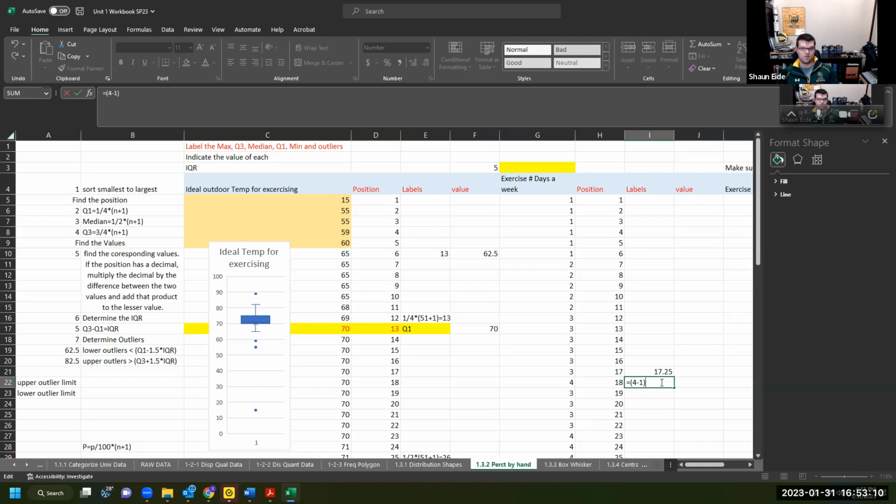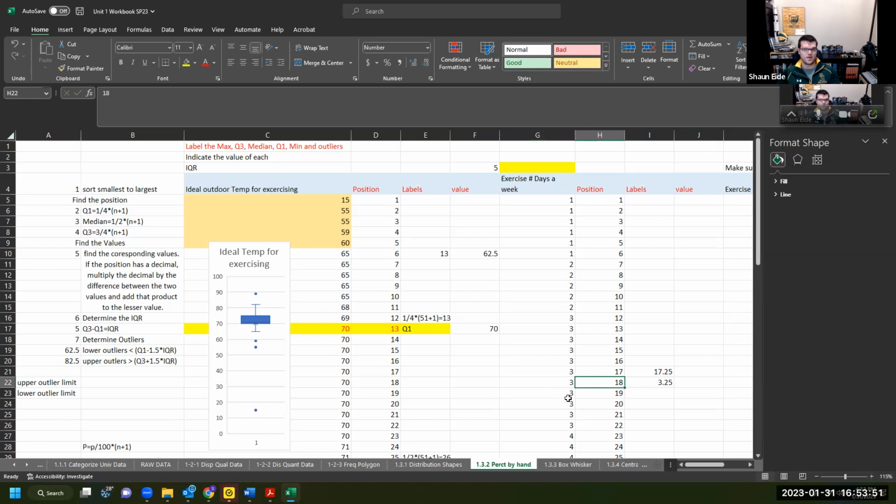So 4 minus 3 multiplied by 0.25 plus the 17th value, 3, gives you the value of Q1 right there.